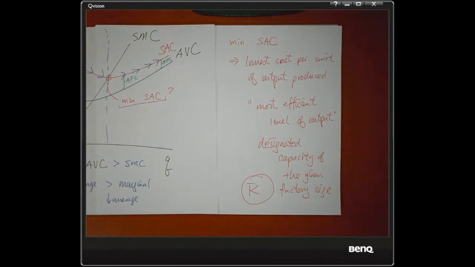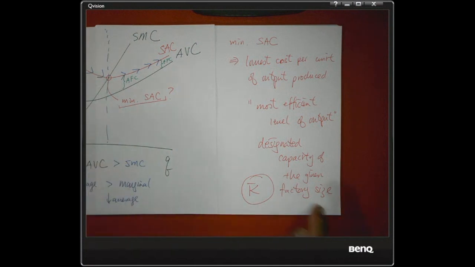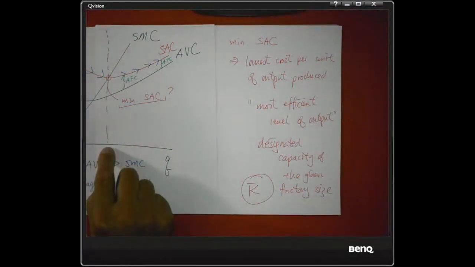So this factory is designed to produce this output. And therefore, if the firm is actually producing this output in this factory size, then it is the most efficient way to produce, because this is what the factory is built for, this particular capacity.